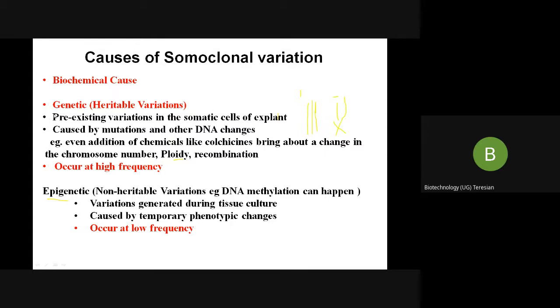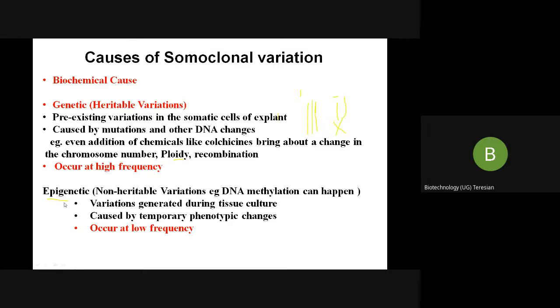The genetic variation you saw, the ploidy and the recombination, these are heritable. That is, if the parent plant has some change, it will go to the progeny, and when that progeny has another progeny, it will also have the same character.